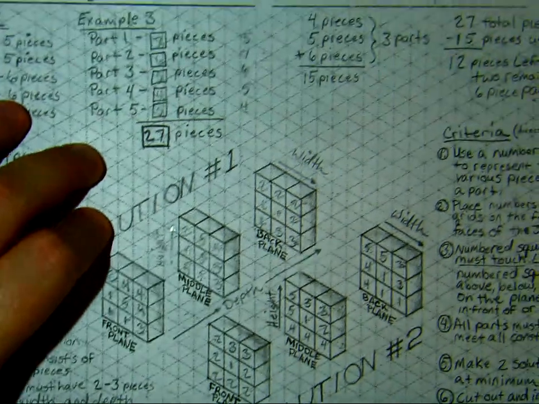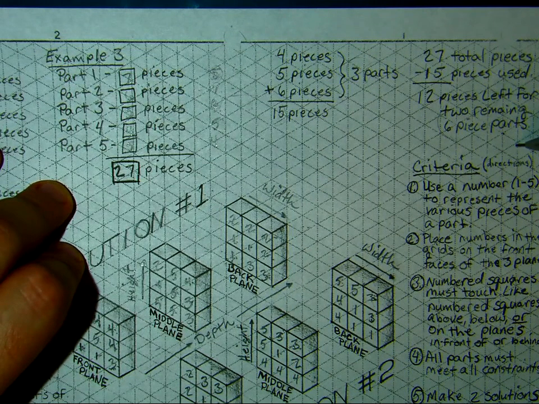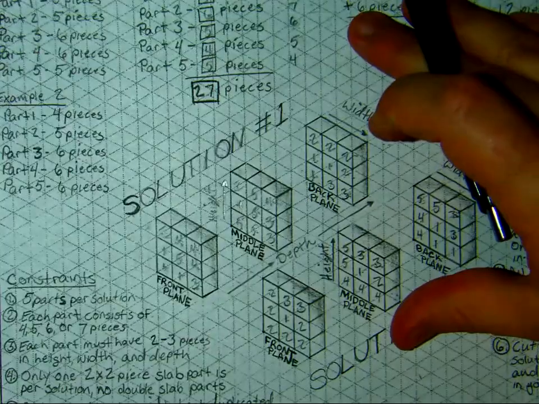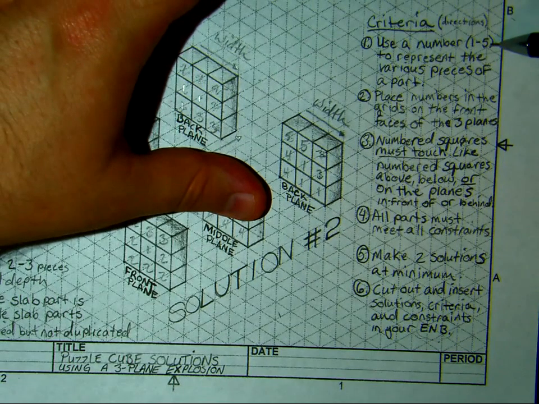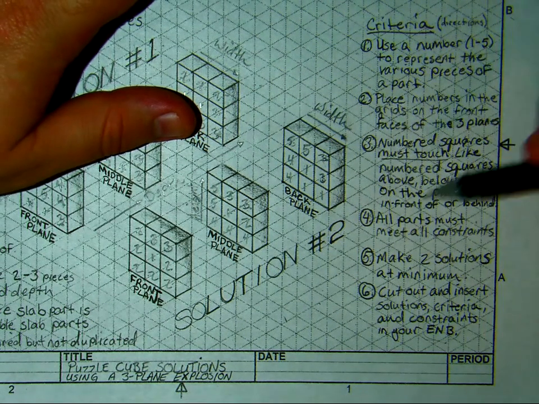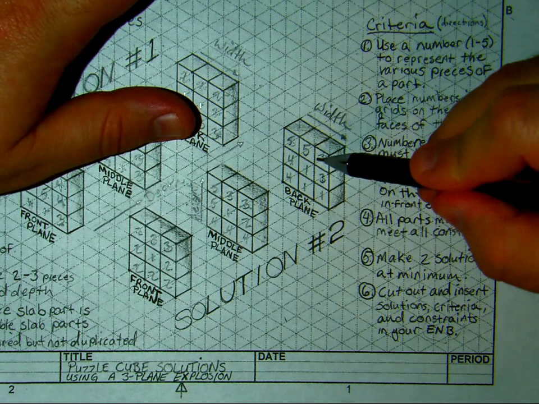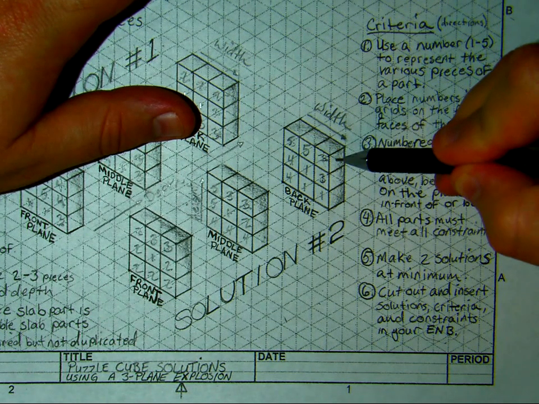Over here you'll find that I do some math to help numerically explain the process that I go through in some cases. Let's start with our criteria. You're going to use numbers 1 through 5, and you're going to place those numbers for the various different parts on the front of the grids. Don't place them on the top or on the right.